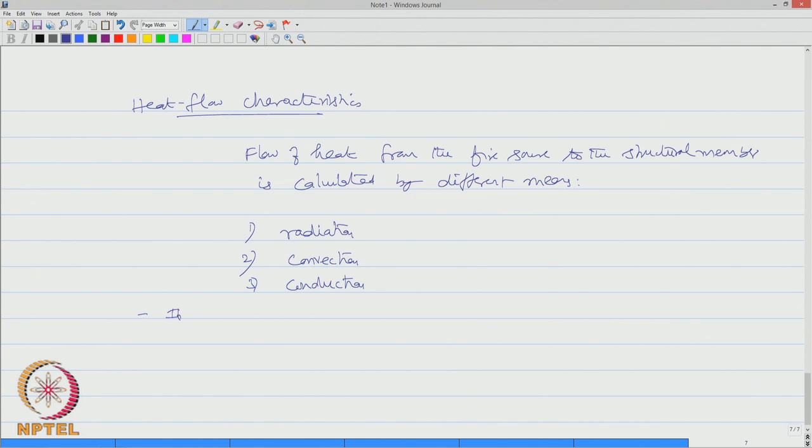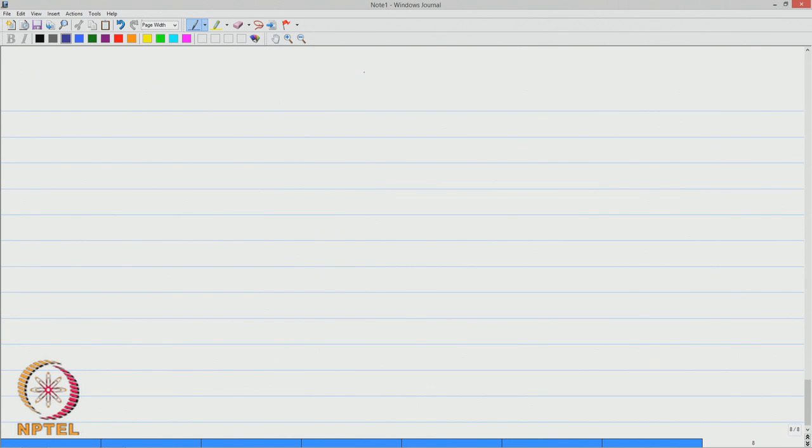It is important to estimate the temperature rise in the member as a function of time.